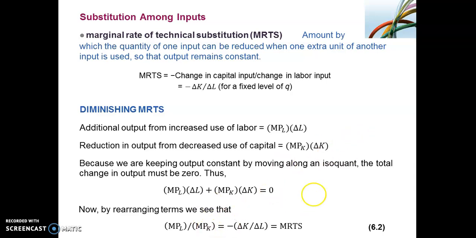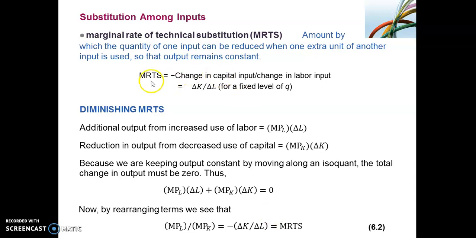So now by rearranging the terms, if we take this term over to the other side, it will of course become negative, and then we can rearrange such that we have our ratio of our marginal products equal to the negative of your change in capital over your change in labor. And this gives you your slope.